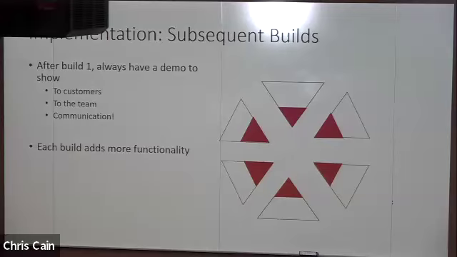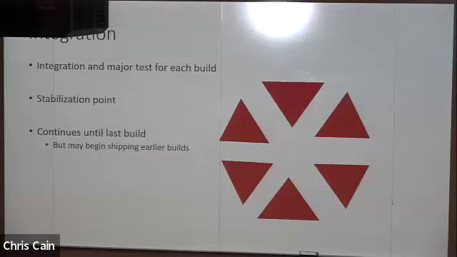So you start with the innermost components, maybe that's a build. And now the end user can play around with, okay, these components that are around the center, the most important components of the system, I can actually see how they work. I can put in the queries. I can see the results. Each build, more and more functionality over time until you get to the part where you're ready to now integrate those components.